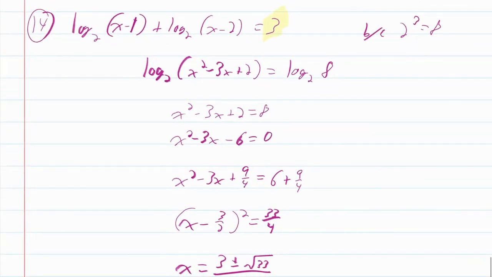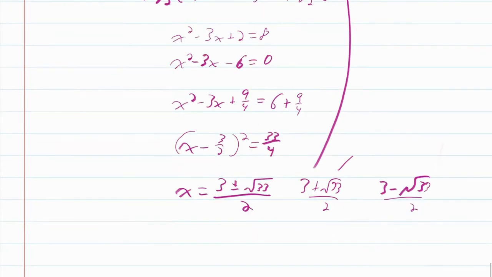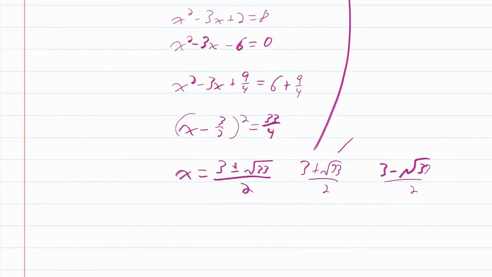And then I come back and look at the original problem, where we want to figure out if any of these are going to run into some massive issues here. And we do get some, because if I look back at the original one, the 3 plus root 33 over 2, that's going to work out just fine. It's a positive number, it's plugging in. But the 3 minus root 33, think about root 33 as being somewhere near root 36 or root 25.